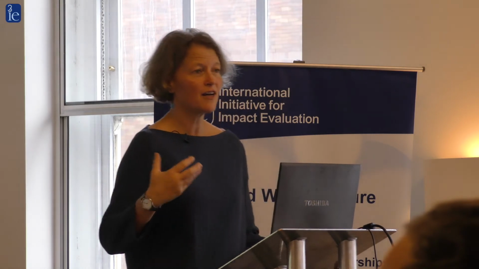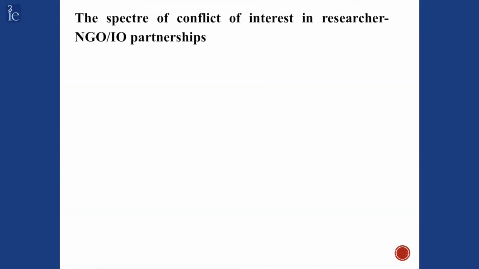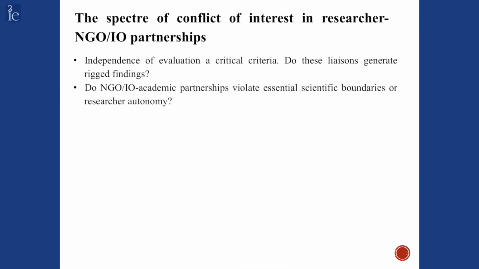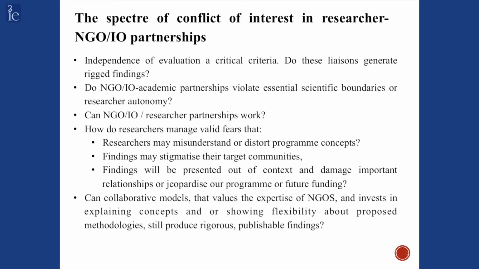And so in the development space, what we're seeing is that researchers are saying, well, what works? Let's develop an evidence base. But also NGOs and the implementing agencies are being asked, well, does it work? So you have the demand for evidence not only coming from academics, but also being asked of NGOs and international organizations.